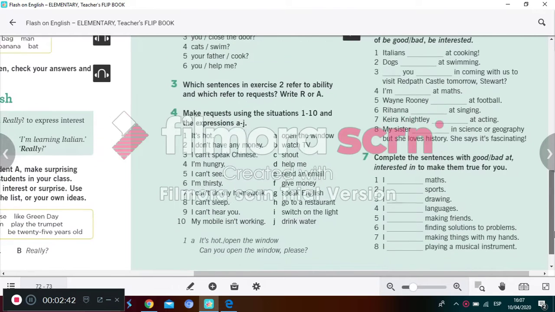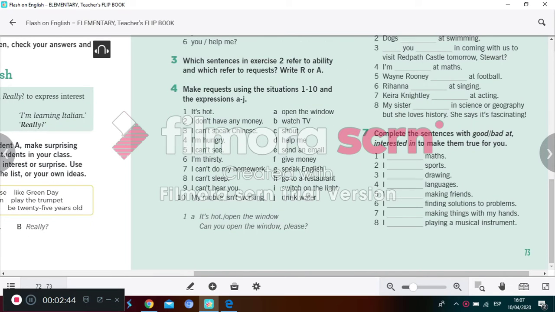Now, in activity number 4, here you have 2 columns. In the first column you have 10 sentences and in the second column you have 10 sentences as well. Now look, in activity number 4 you need to link, you need to join the correct situation and the correct request.